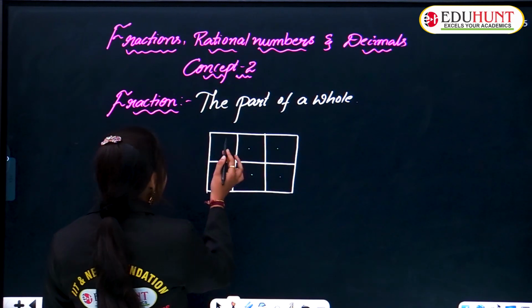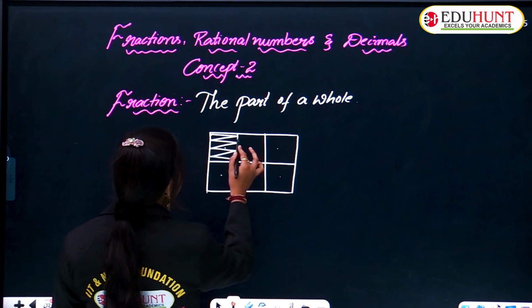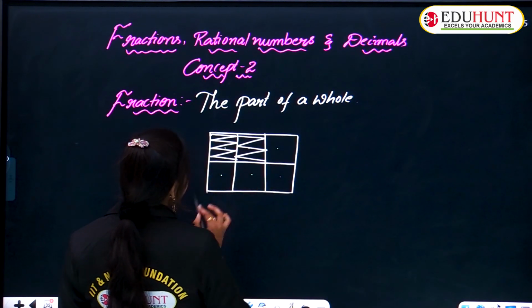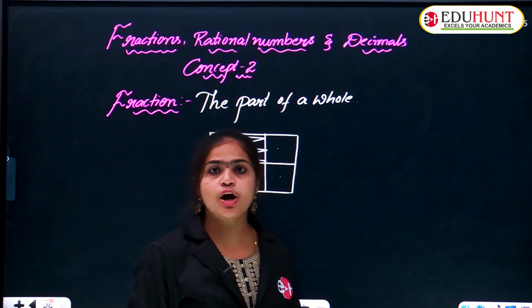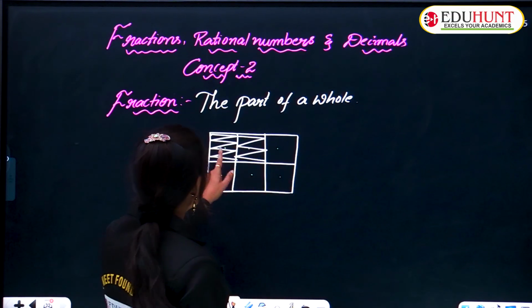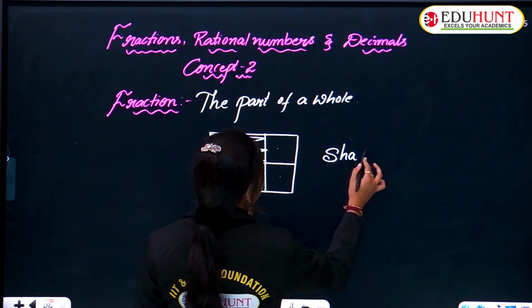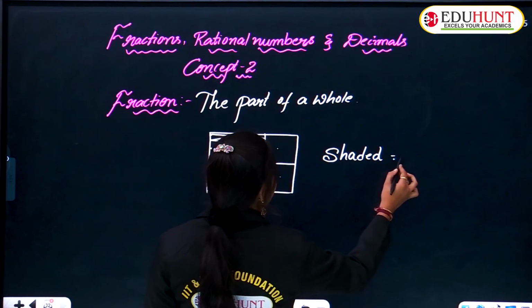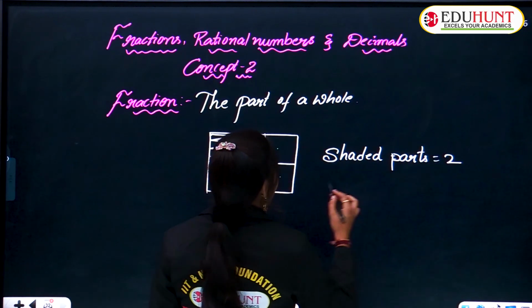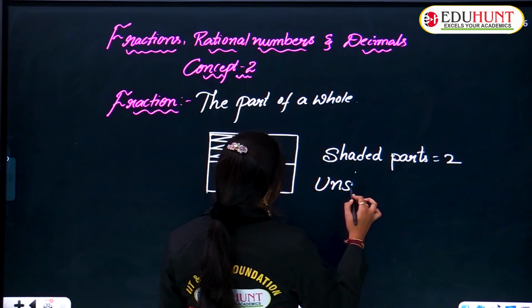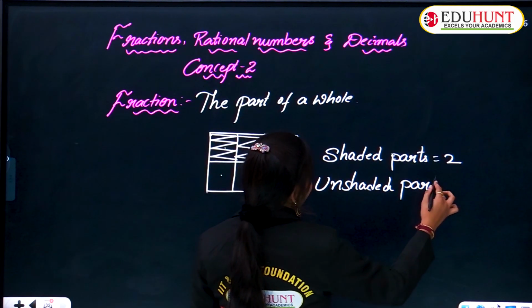Clear? Now I want to shade this like this. How many parts are shaded here? 1, 2. The number of shaded parts is 2.